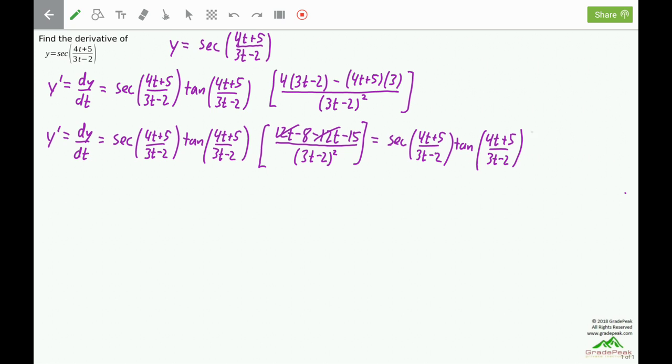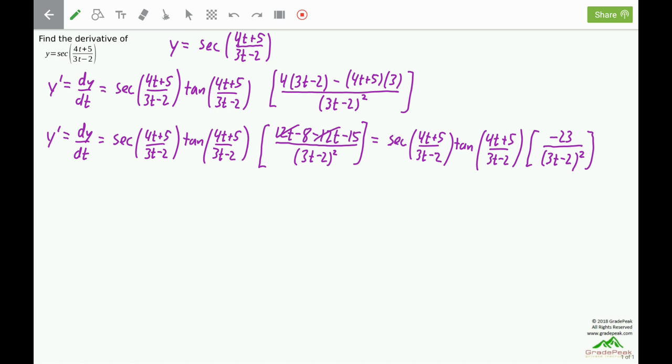And this is going to be multiplied with a negative 8, negative 15, negative 23 over (3t minus 2) quantity squared. That's about as simple as we can make it.